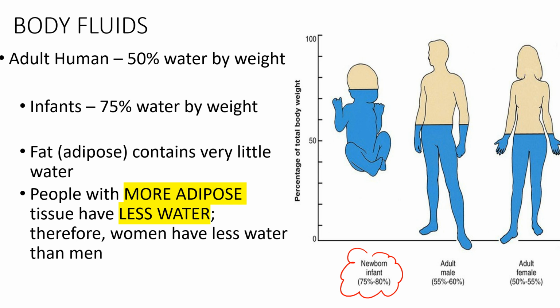Remember, fat does not like water. It's hydrophobic, right? So if you've got more adipose tissue, you've got less water. The more obese you are, the less water you would have. So adult females have more body fat, therefore they're going to have less water.